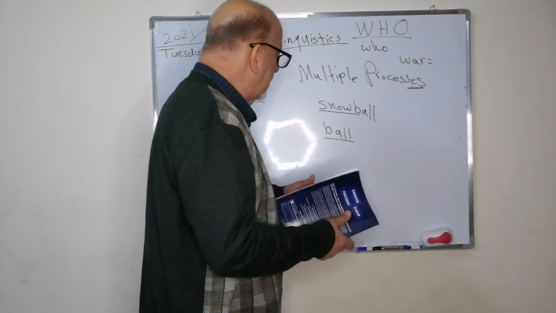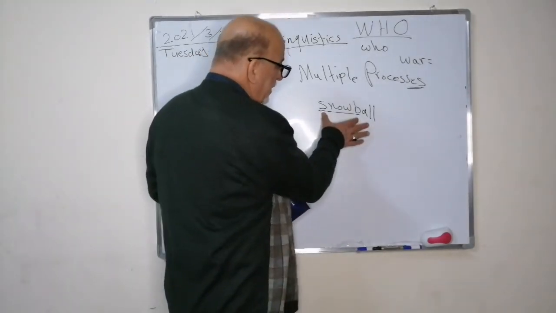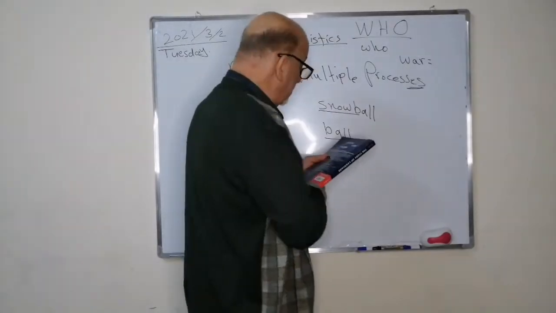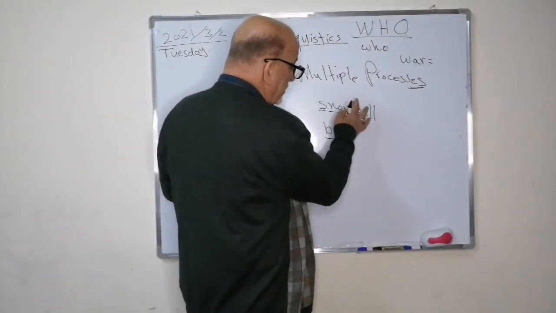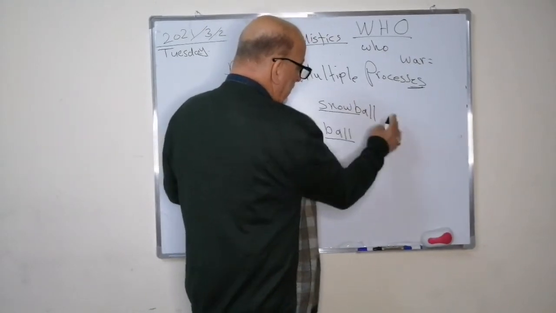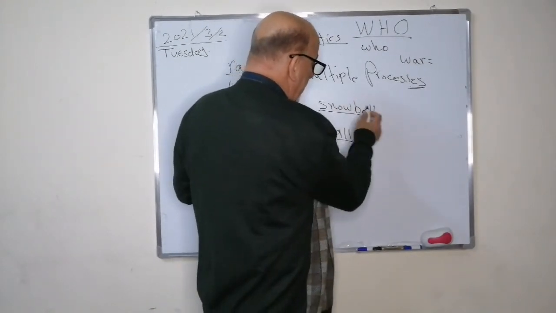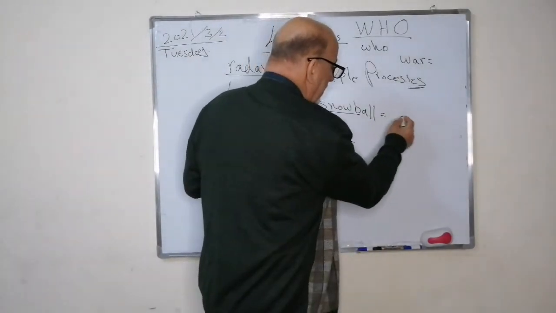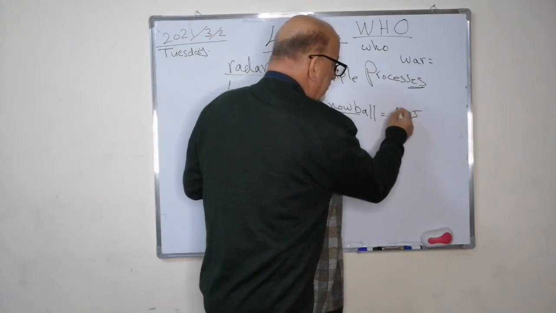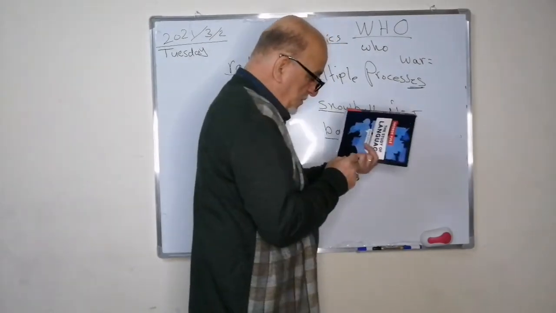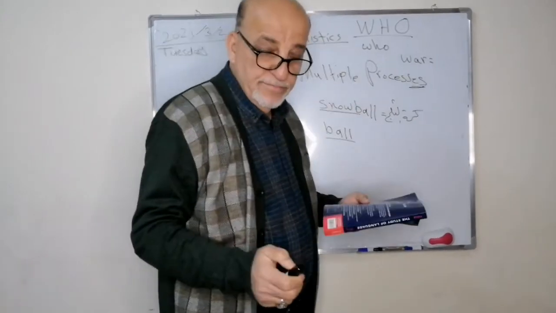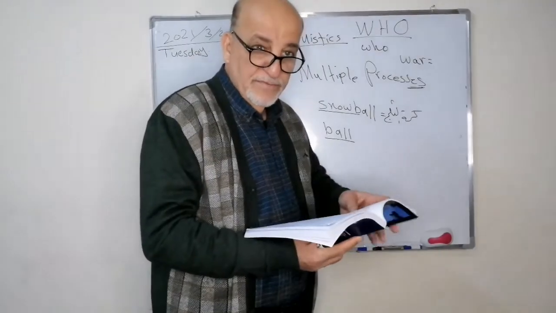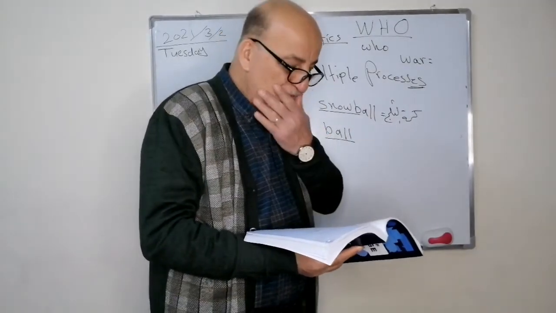The point is that snowball is the result of the process called compounding, because we have snow, then we have ball, and through compounding, we have snowball. Snowball in Arabic is كرة الثلج. It's a ball made of snow.